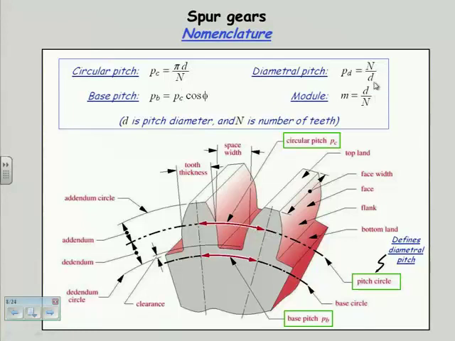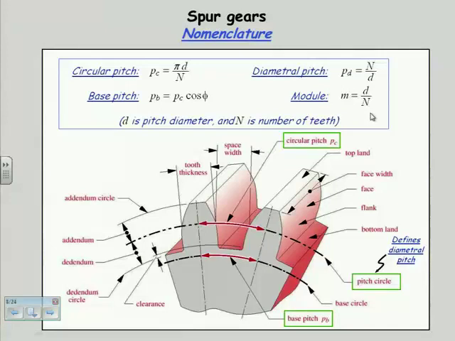D is the pitch diameter, i.e. the diameter of that pitch circle. Now, it's very difficult to measure the circumference. Of course, I can calculate it once I have the D, but the pitch diameter is fairly easy to get your hands on, so this has become the standard to define tooth size. Now, in the metric system, they did it a little more sensibly, in my view.